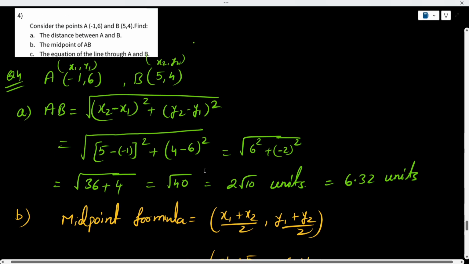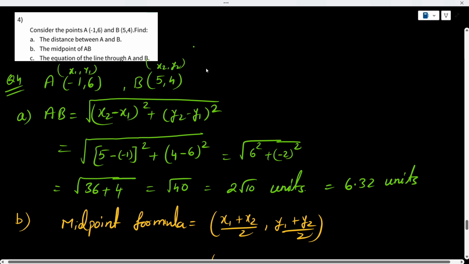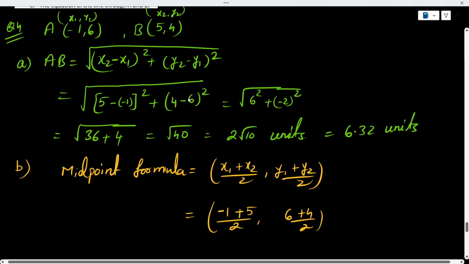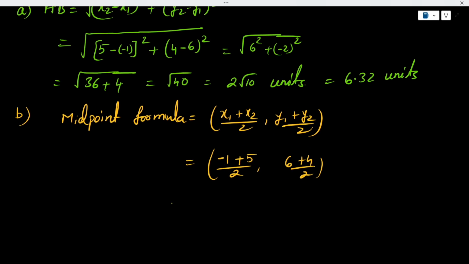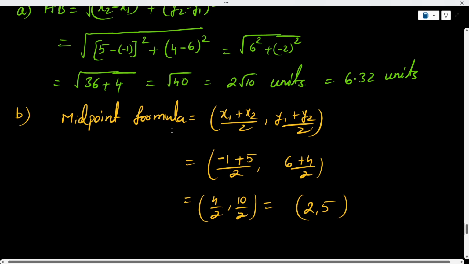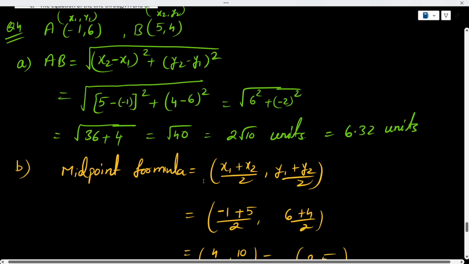Substitute the values correctly. Here x1 x2 is -1 and 5, and y values are 6 comma 4. So it is 4 by 2 comma 10 by 2. So your coordinates are nothing but 2 comma 5. This is the midpoint coordinate, right? Using the midpoint formula, you are getting the midpoint of AB coordinates.